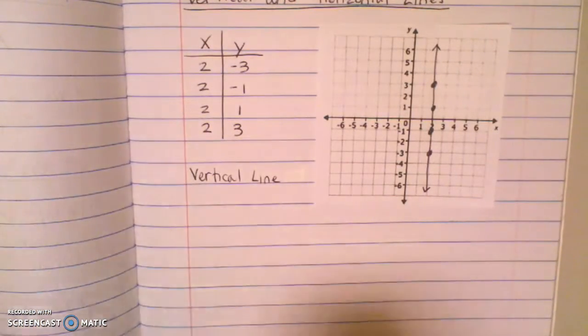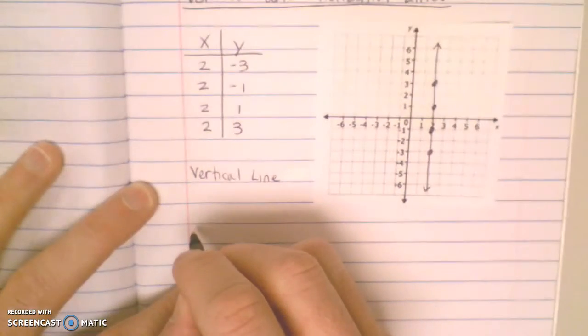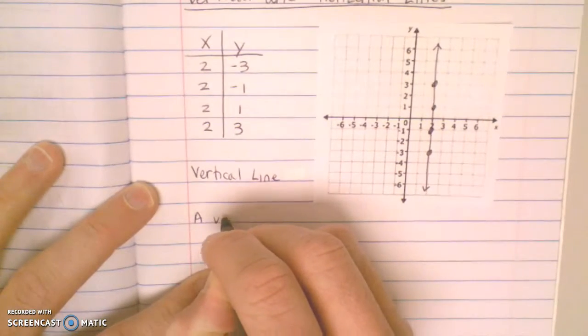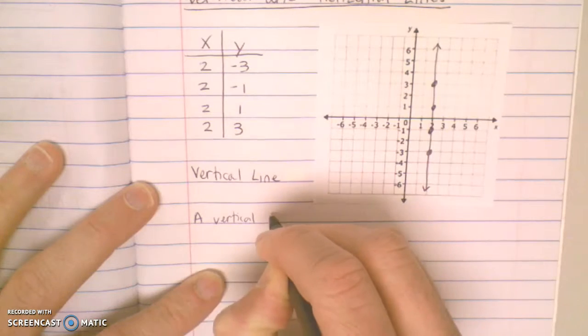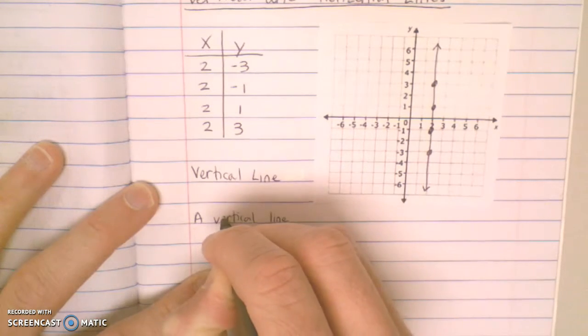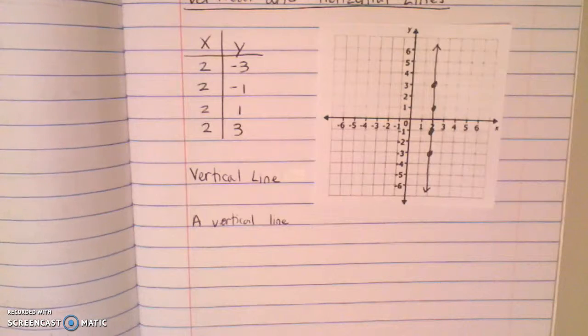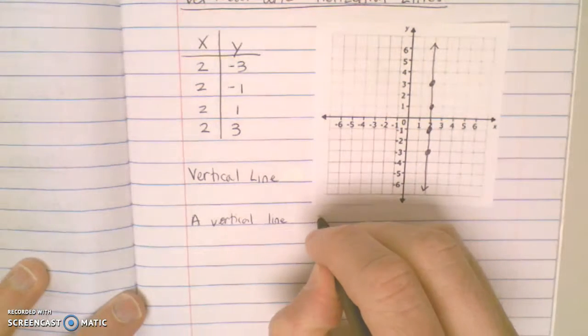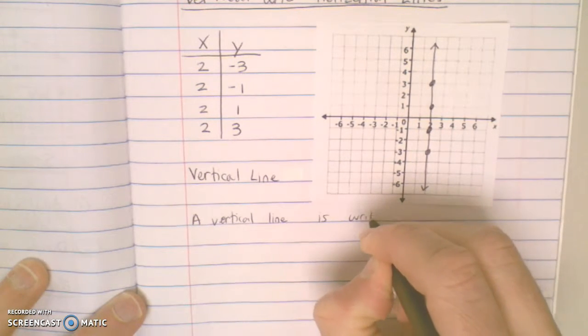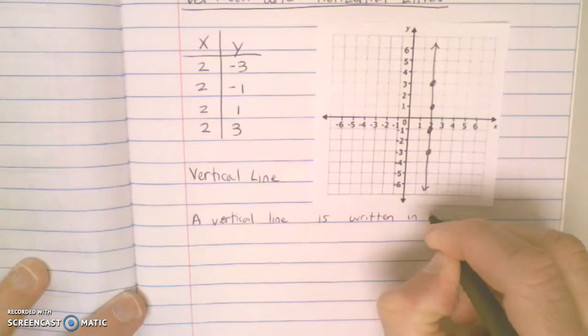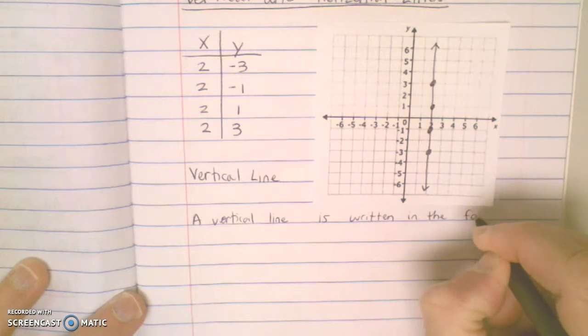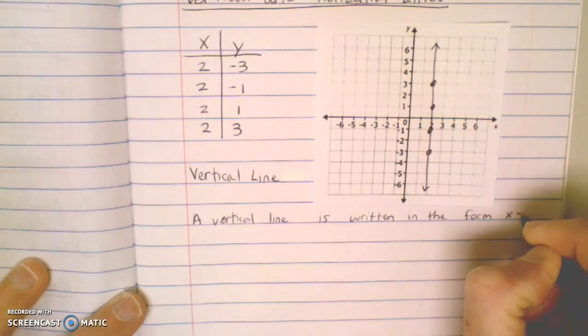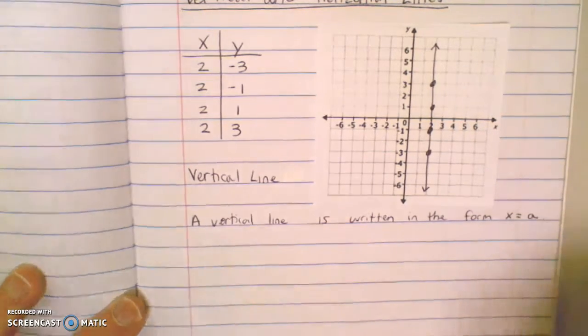So a vertical line is written in the form x equals some number, and we're going to say x equals a.